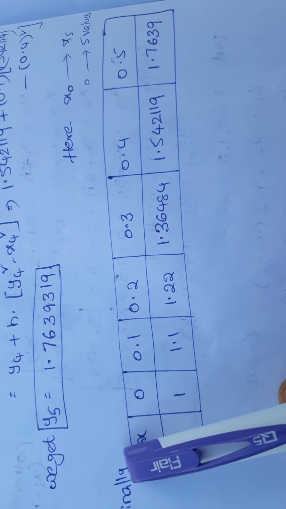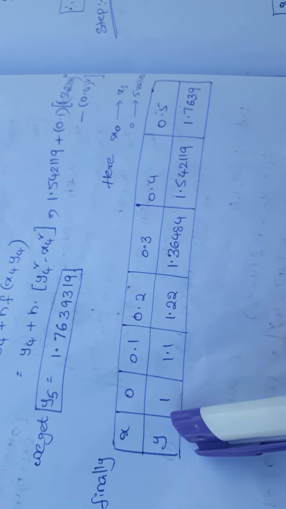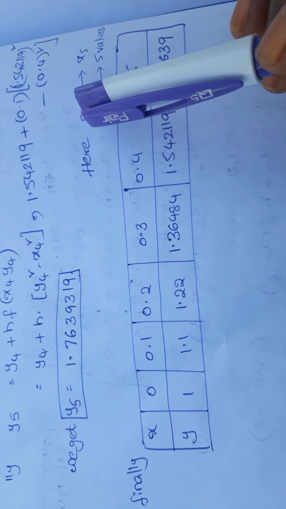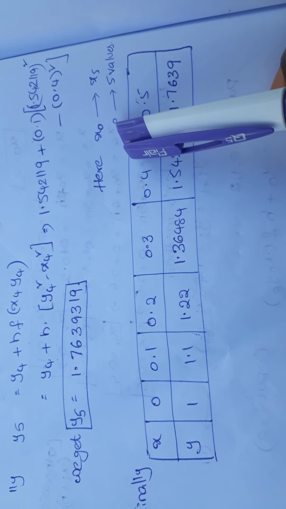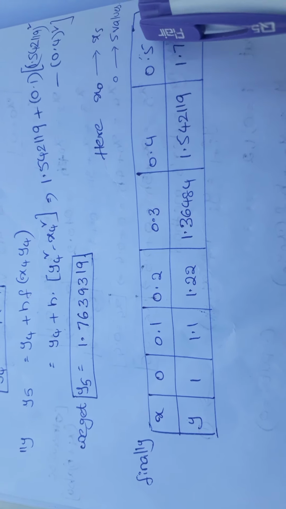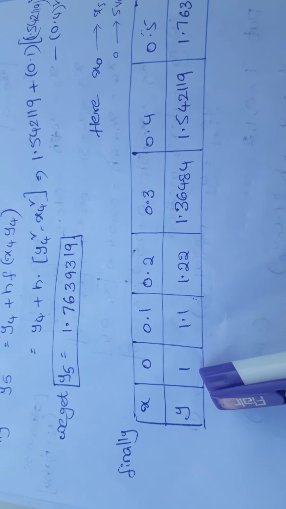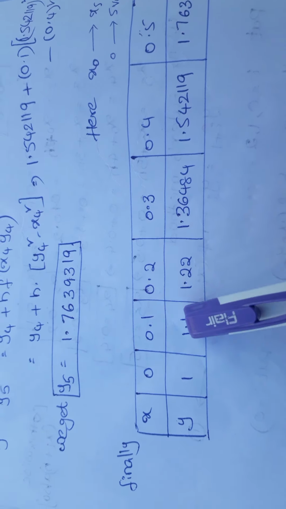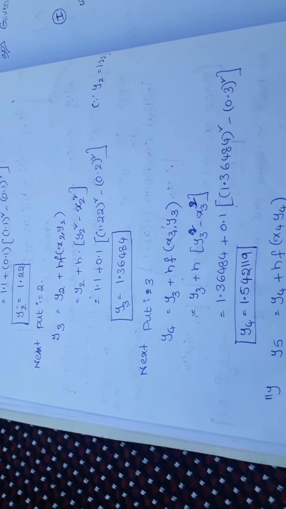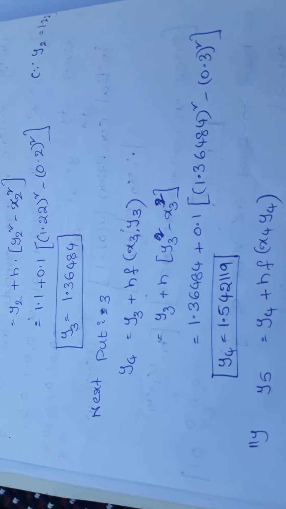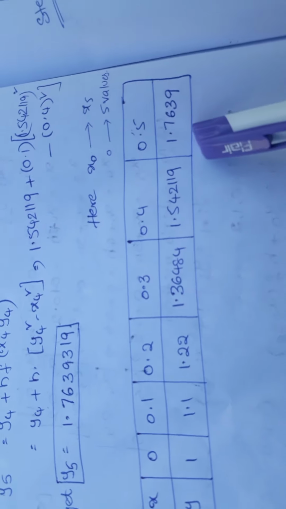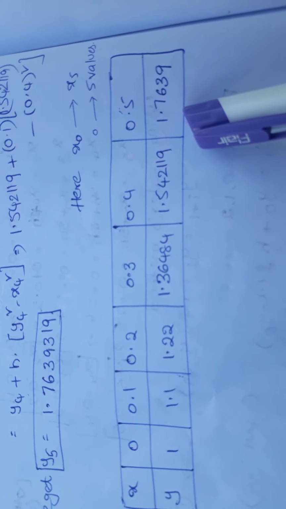So finally we can express the value of y. Here the x values, x0 to x5, that means 0 to 5 values. x is equal to 0, 0.1, 0.2, 0.3, 0.4, 0.5. So x0 value 0, from initial condition y value 1, and next 0.1 we get y1 value, that is 1.1, and next y2 value 1.22, y3 1.36484, and next y4 1.542119, and next fifth y5 value 1.7639.